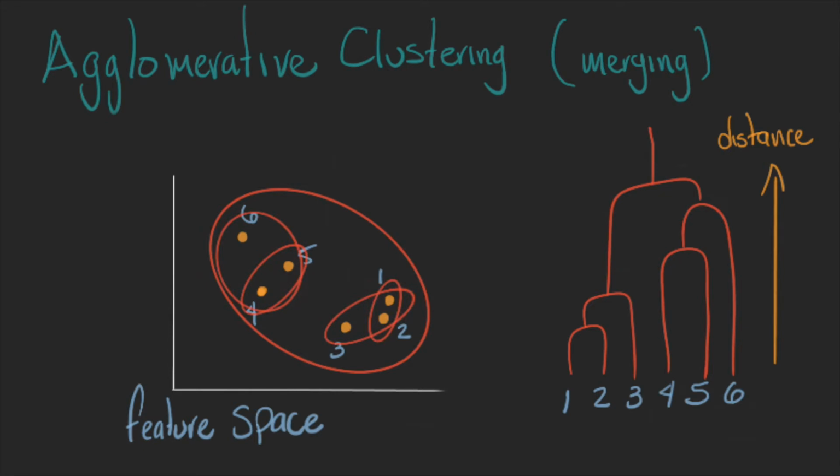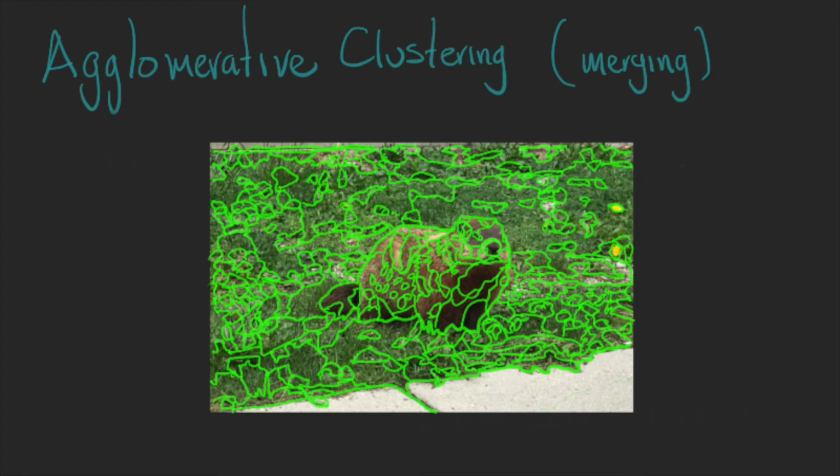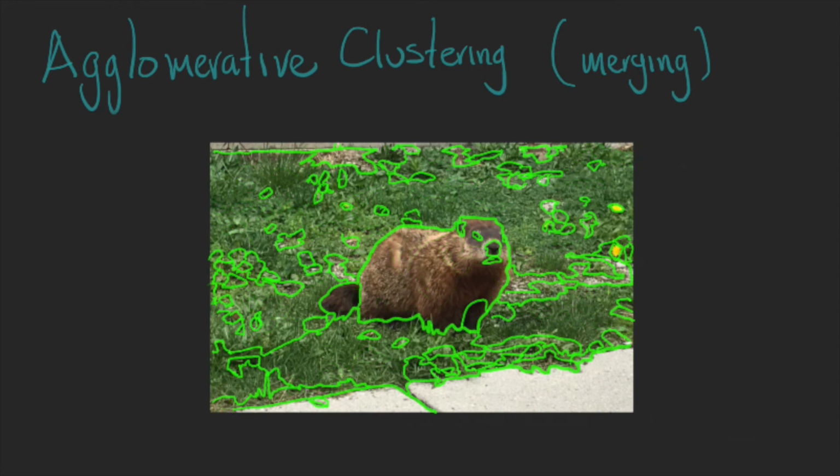This example raises good questions about clustering. First, what is a good distance metric? Again, it really depends on the application. We have seen in the class different distances, so depending on the data, we can use whatever we think is appropriate. The second question is about when we stop merging, or in other words, how many clusters are there?